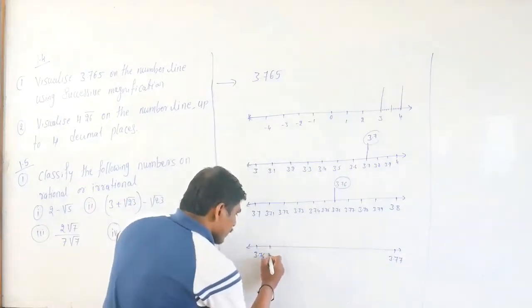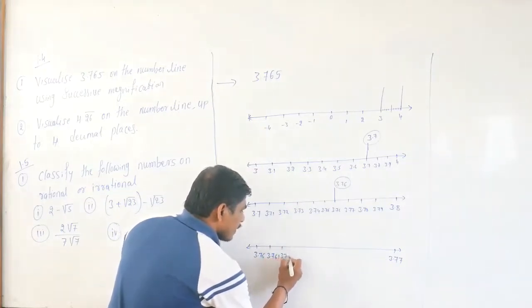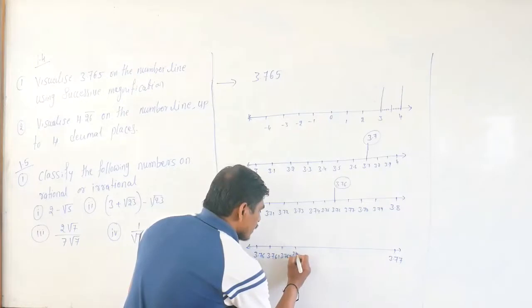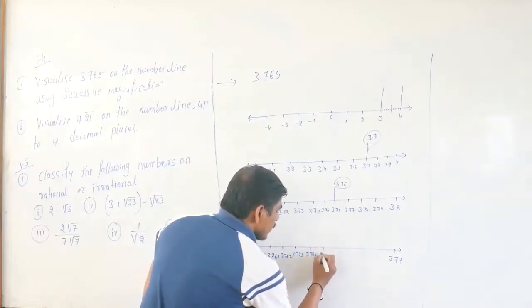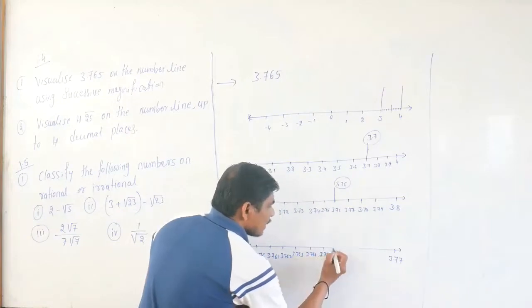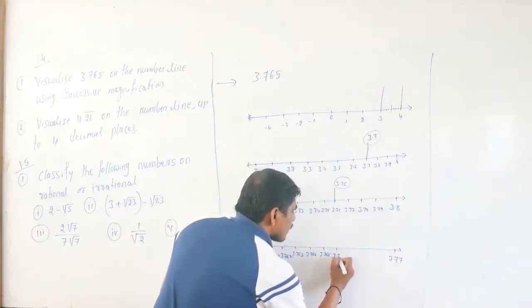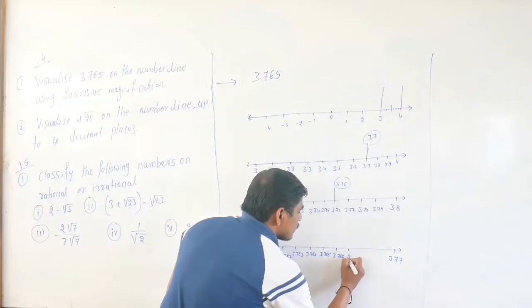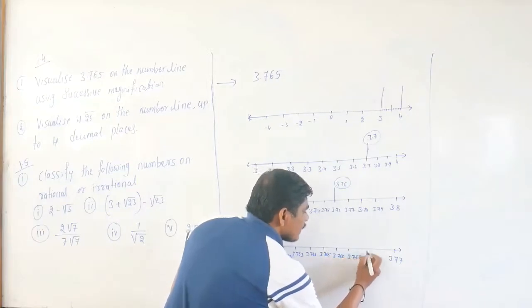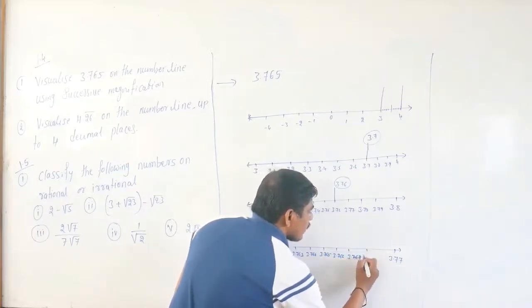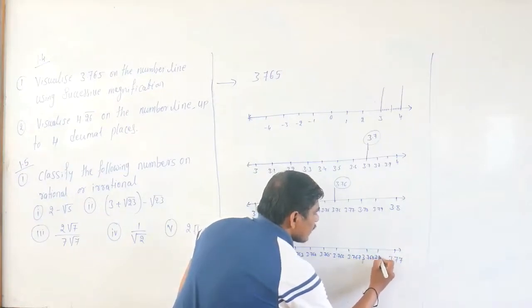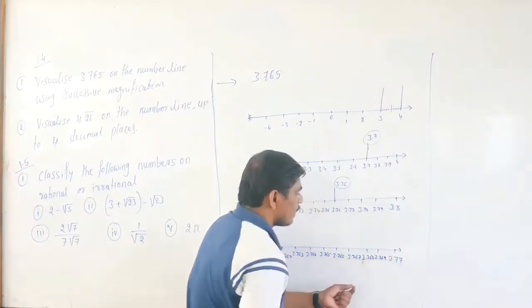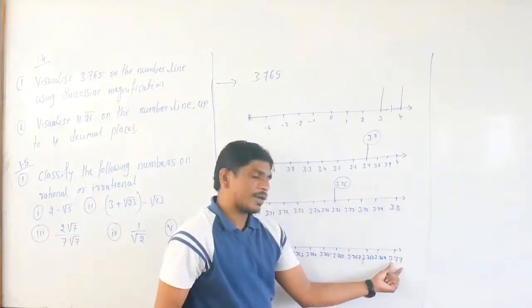Here 3.761, 3.762, 3.763, 3.764, 3.765, 3.766, 3.767, 3.768, and finally 3.769, and the next is 3.77.